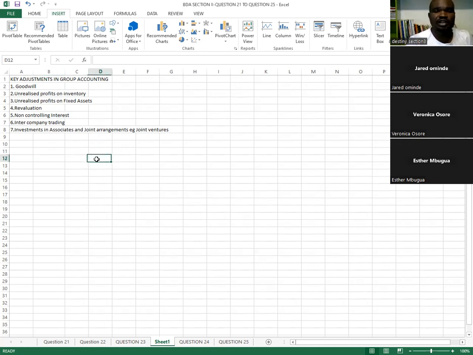Jared is asking, we have said you only consolidate if you have 51 and above. So what if the parent does not have 51% but has more voting rights? You can have more voting rights even if you have 50-50, or even less.